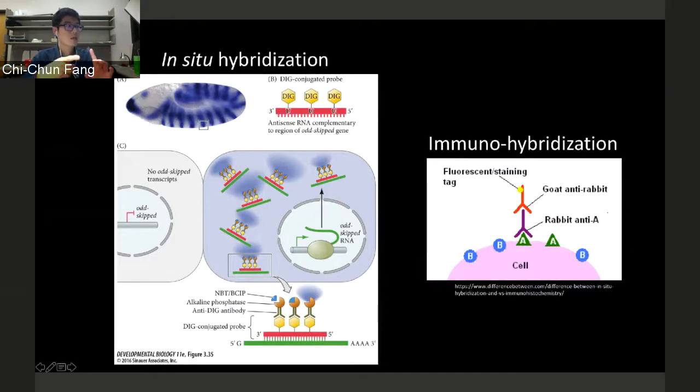For in situ hybridization, the expression stops at mRNA, because there's no protein produced, so there's no way you can use immunohybridization to see the colorization. But for immunohybridization, since you can easily make an antibody attached to the protein, we don't have to make the probe.